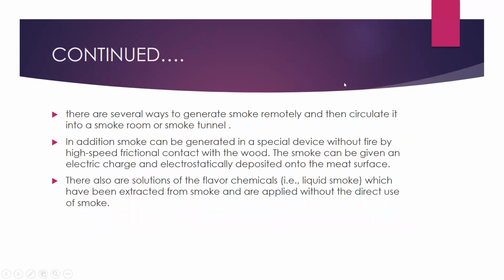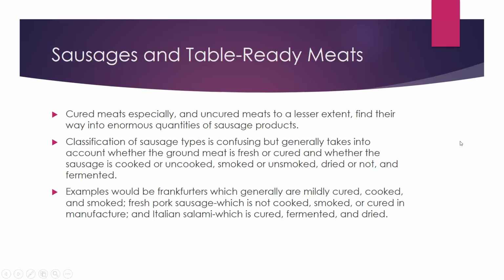There are several ways to generate smoke remotely and then circulate it into a smoke room or smoke tunnel. In addition, smoke can be generated with special devices without fire, by high-speed friction contact with the wood. And there are also solutions of the flavor chemicals which can be applied without the direct use of smoke.